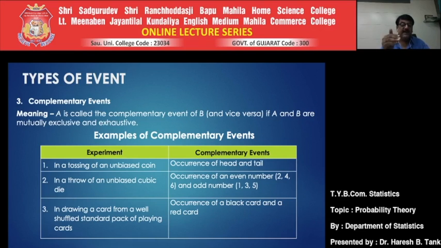While getting a black card, you are discarding possibility of getting red. While getting a red card, you are discarding possibility of getting black. So they are mutually exclusive and exhaustive. That is why they fulfill both the conditions, one is mutually exclusive and second is exhaustive. That is why they are called complementary events.